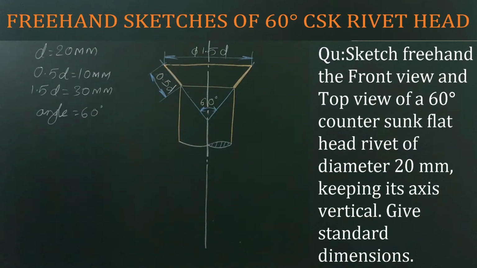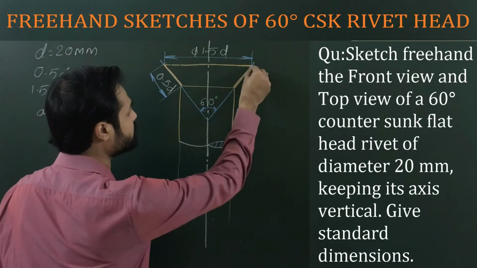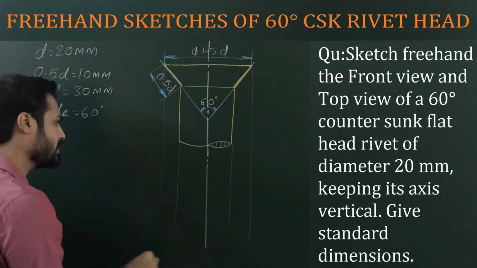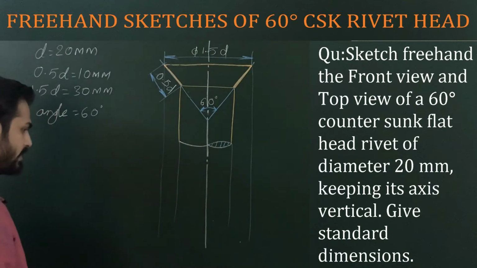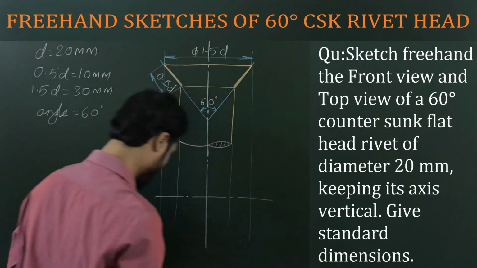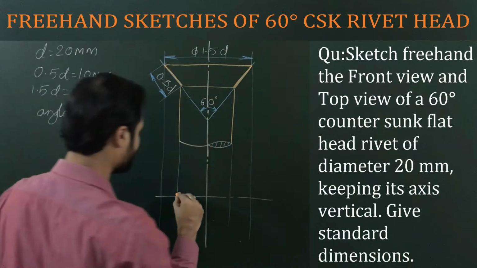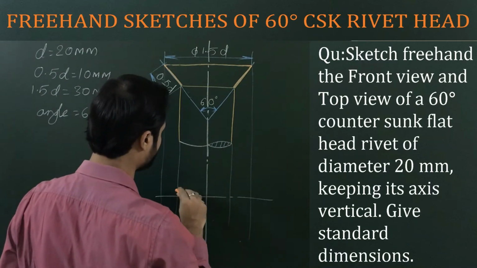Now project all important limits for its top view by extending them parallel to the axis. Then draw the center line for its top view. Now the top view of this part is a circle, a hidden circle.